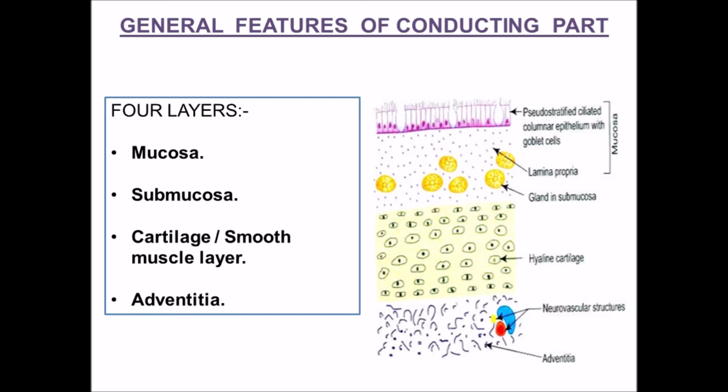The outermost layer is the adventitia. This is mainly formed by the fibroelastic connective tissue, and this layer provides the passages for the blood vessels and the nerve endings.